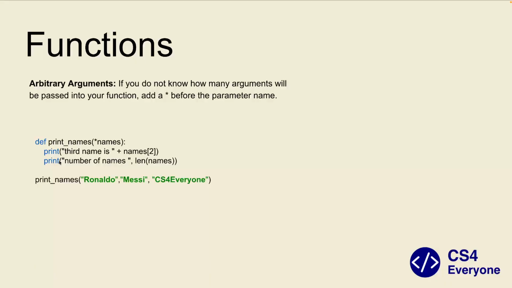Another print statement is number of names, comma, the length of names. Outside of the function, we're calling the function printNames with the values Ronaldo, Messi, and CS for everyone. So in that case, what will be printed is the third name is CS for everyone. And we'll also print the number of names, len of names. Since we have 3 items here, it'll be number of names 3.